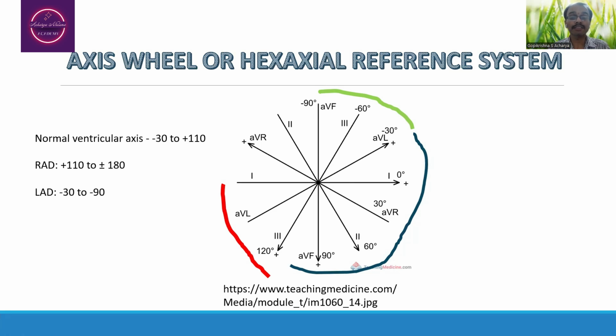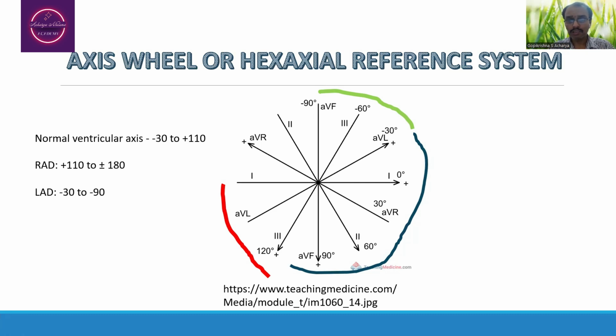If the electrical axis lies between minus 30 to minus 90, depicted by the light green arrow, it is said to be left axis deviation. There are specific conditions where we may expect right axis deviation, for example, right ventricular hypertrophy, etc. And you may expect left axis deviation in case of left ventricular hypertrophy, etc. In that situation, we observe the axis deviations.